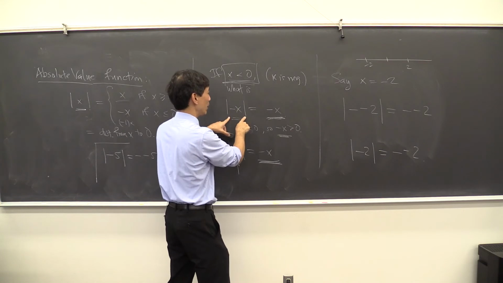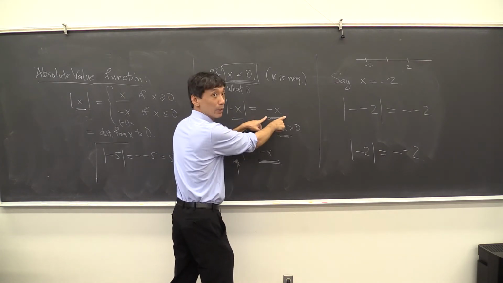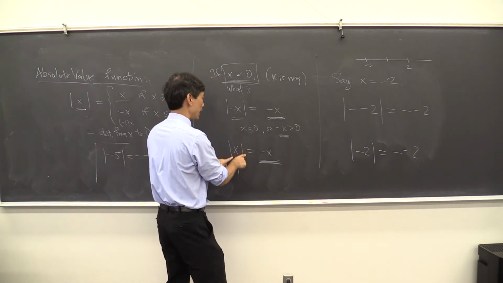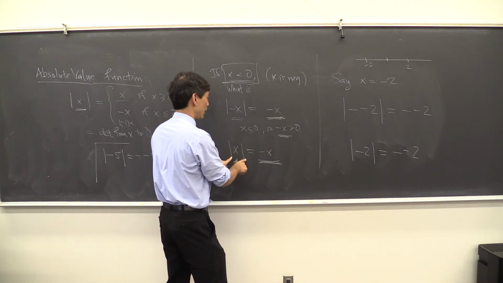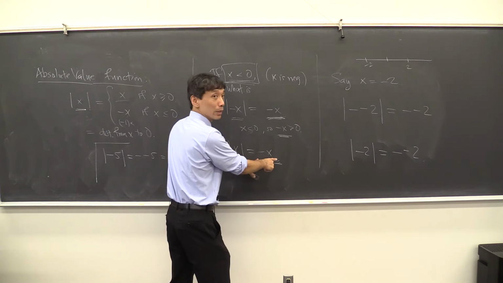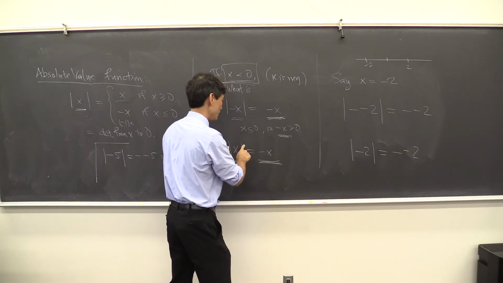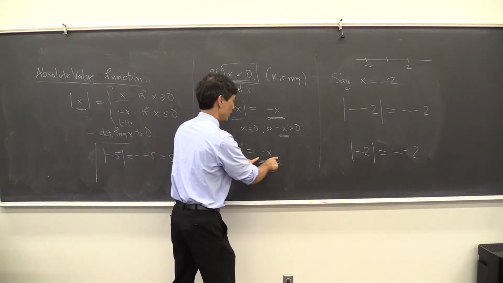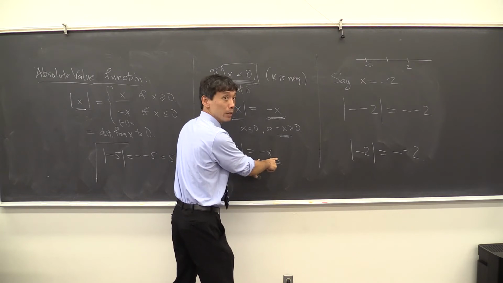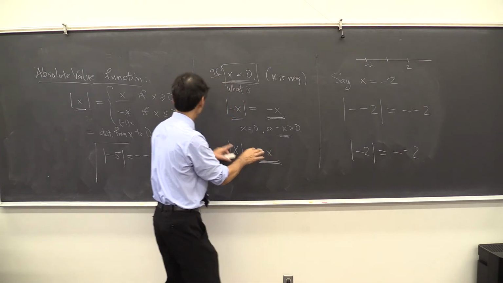So the absolute value of a positive number is just that number. Is that clear? If x is negative, then the absolute value of x is negative that number. So the absolute value of this negative number is negative that number. That's okay, right?